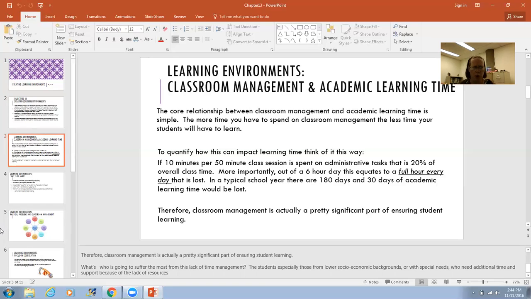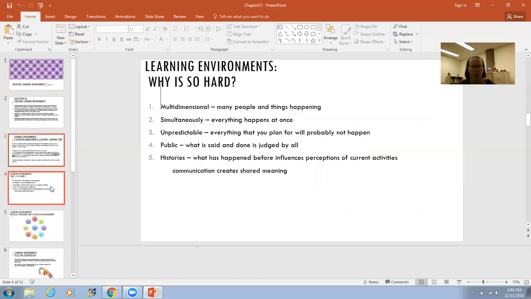So what makes it so hard? We need to think about it this way. Learning environments are difficult to construct meaningfully because they're multidimensional. You have many people and things happening at once.